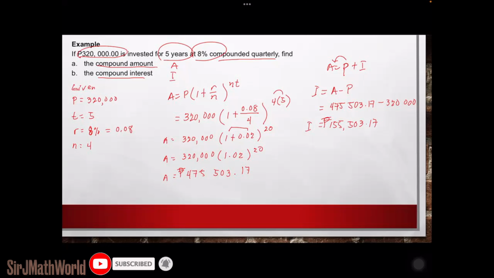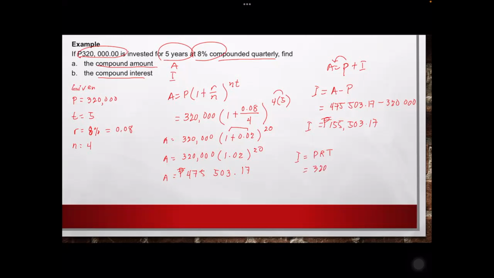If we're going to use I equals PRT, so magkaroon tayo ng 320,000. Your R is 0.08. And your time is 5. So, I equals 320,000 times 0.08 times 5.